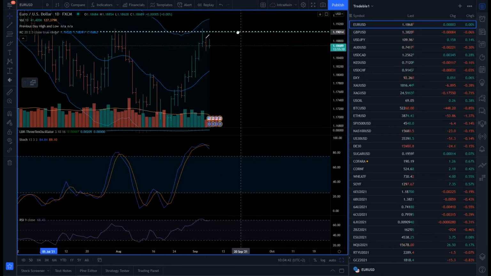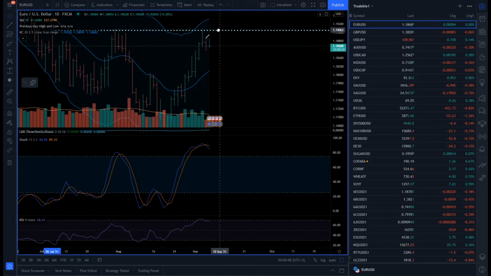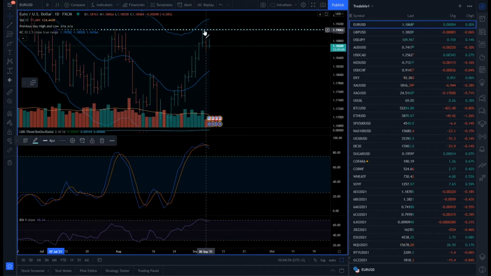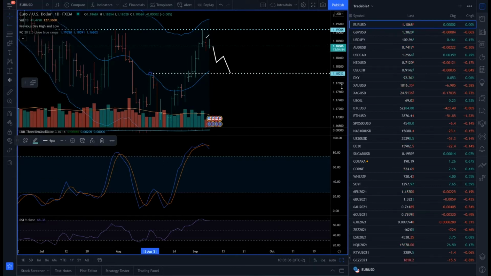Obviously, this idea will be invalid if the price goes above 1.1907, 1.1910. So if we reach a 2-day high, this idea will be invalid. But if not, I guess this can still go lower and try to search for maybe some recent swing high, which is literally at 1.1800.